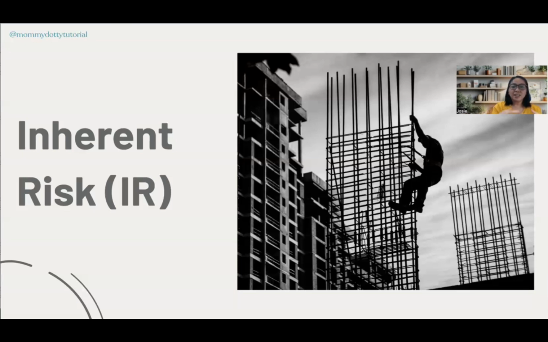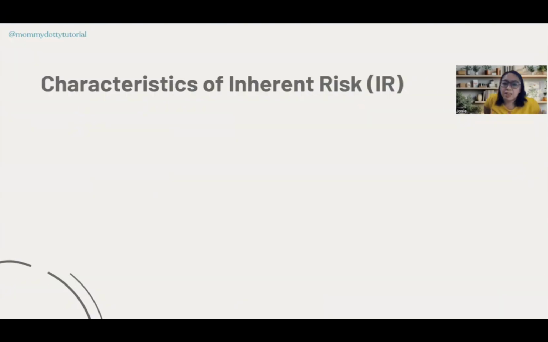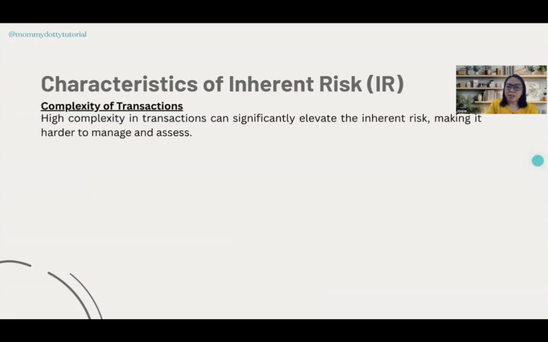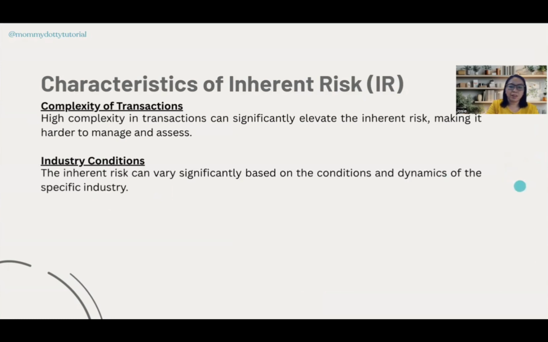That's already the nature of the business, or of the operations, or of that product. Inherent risk exists independently of the internal control system. It is characterized by factors such as complexity of transactions, industry conditions, and financial health of the entity.